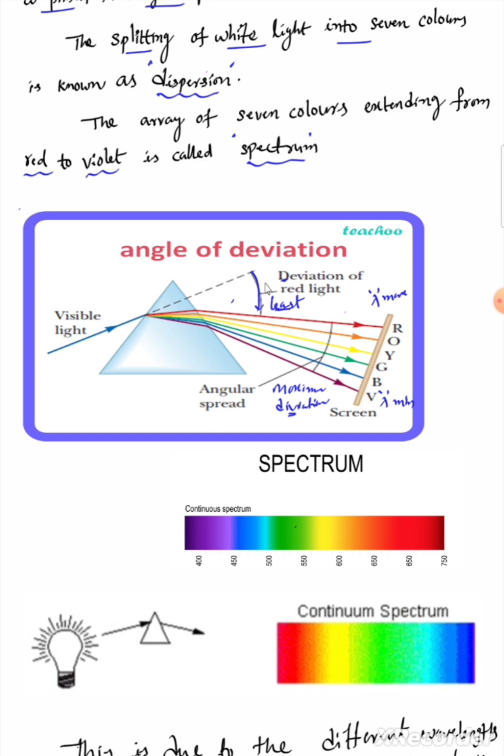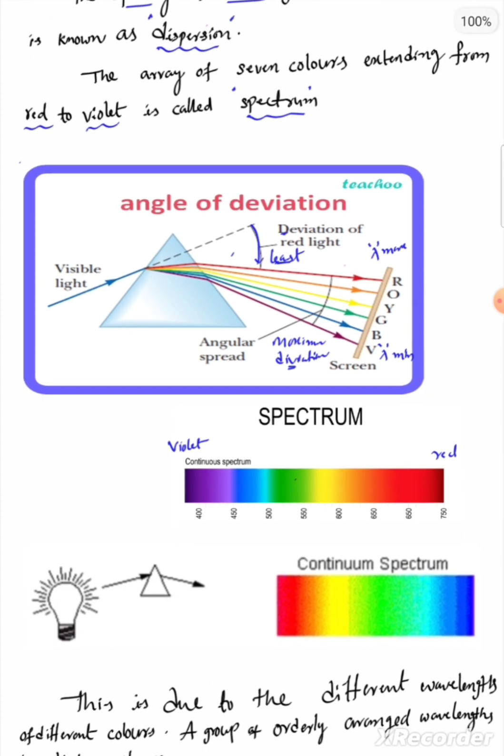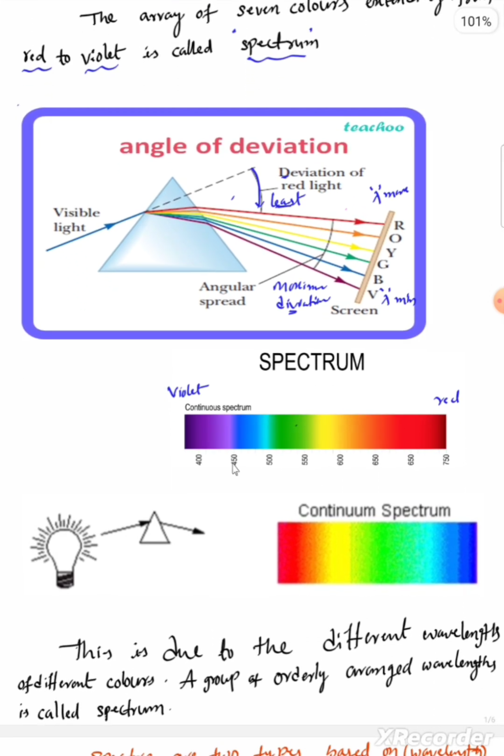See the arrangement of these 7 colors extending from red to violet. This is called a spectrum. With the diagram we are explaining: when a white light is passing through a prism, this light is splitting into 7 colors, red to violet.